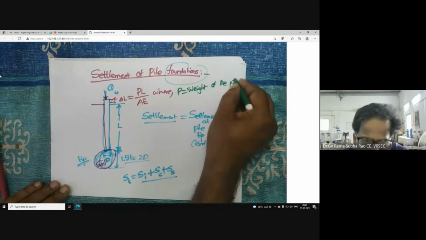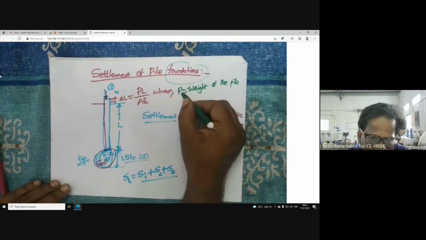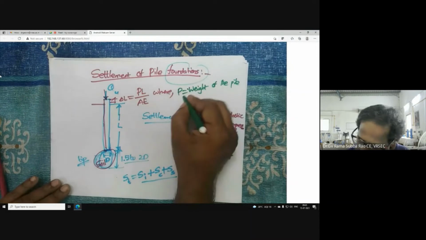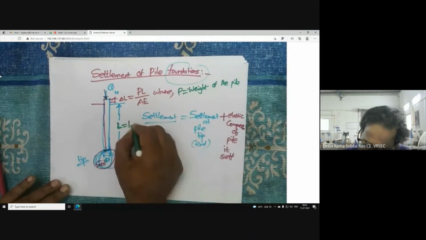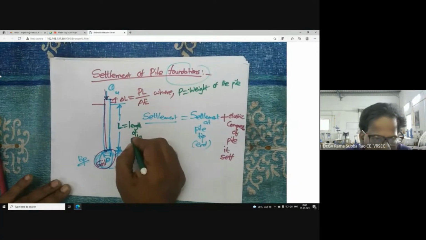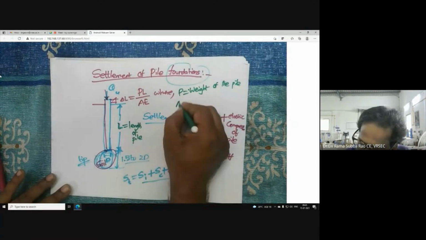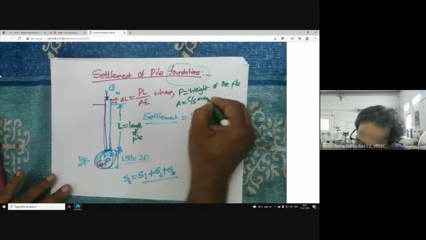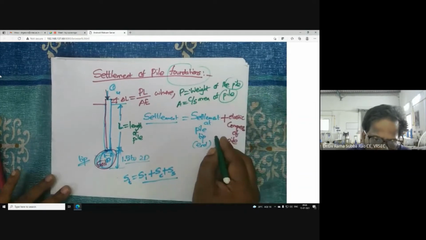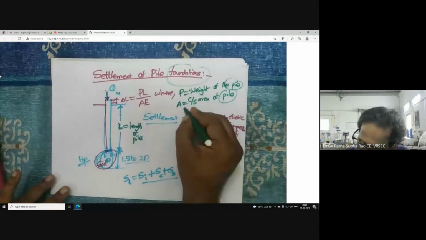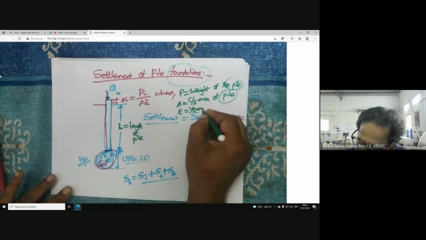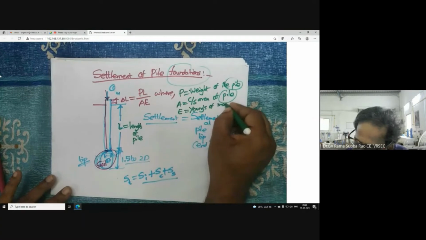We already use the symbol P for weight of pile, it is not the first time. L is obviously the length of the pile, which is nothing but the depth of foundation. What is A? Cross-sectional area of the pile, because our discussion is about pile material. And what is E? Young's modulus of the pile material.